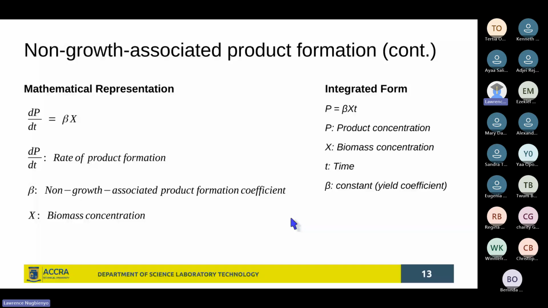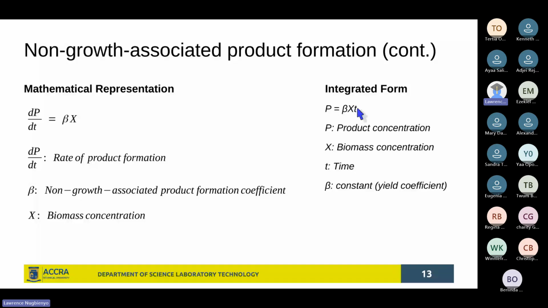We have a constant beta, which is the non-growth associated product formation coefficient, which we also refer to as a yield coefficient. Same thing with biomass concentration, which is X, dP/dt, the rate of product formation. In an integrated form, you have the product concentration being equal to the yield constant, times the biomass concentration, and time, the time over which you have the production occurring.